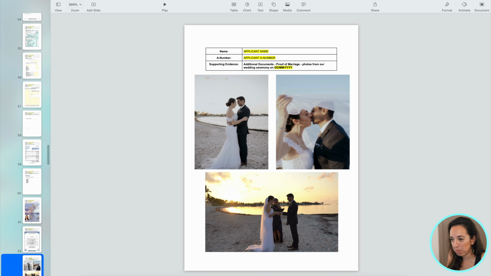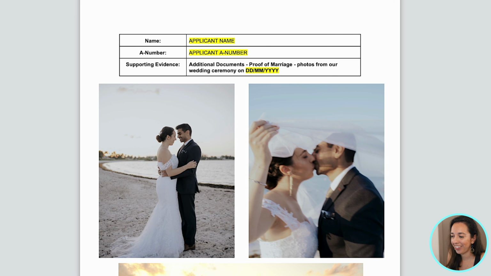We haven't separated these into different envelopes or folders, as every piece of documentation is relevant to the adjustment of status packet. As you can see, we included photos of our wedding day, once again including a title, stating a description, plus the date of the marriage. We also again have continued to label every page with the applicant's name and a number.